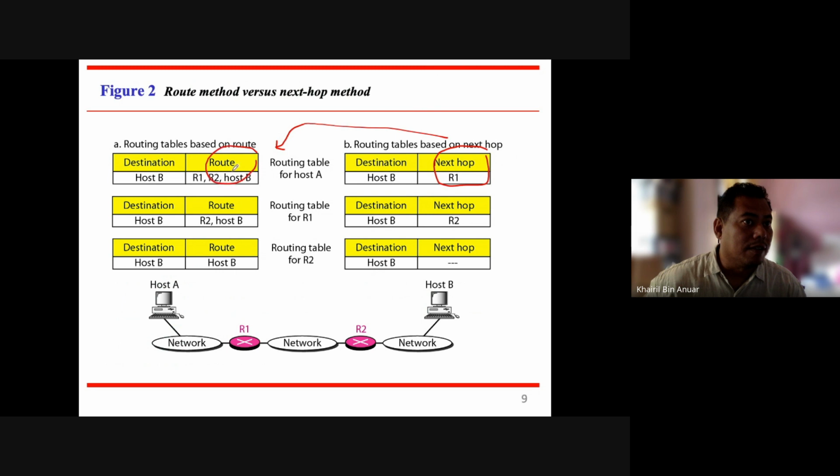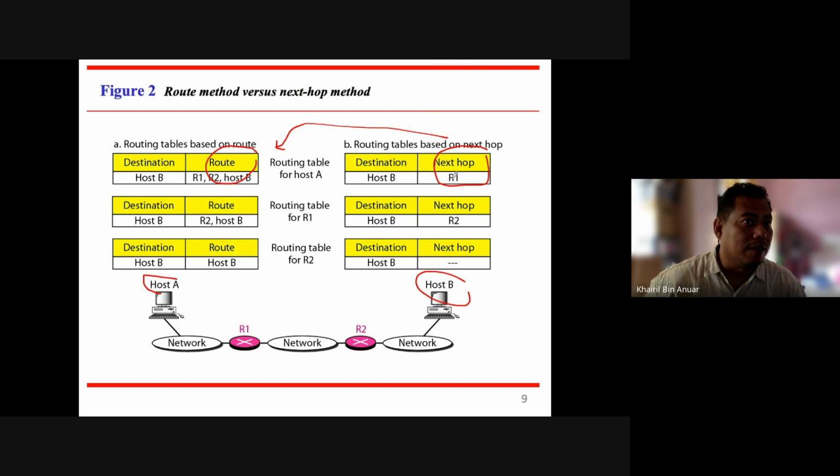The route itself gives you the information on where to go from host A to host B. It defines all the interfaces, all the intermediate devices that it needs to go through before reaching host B.